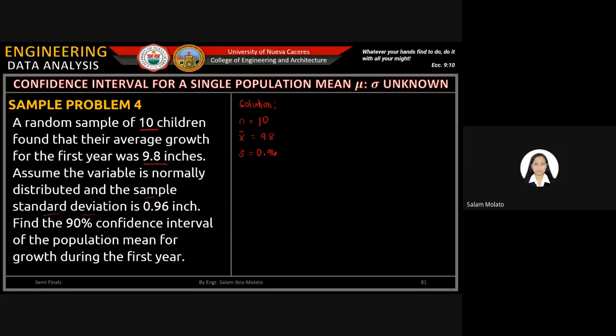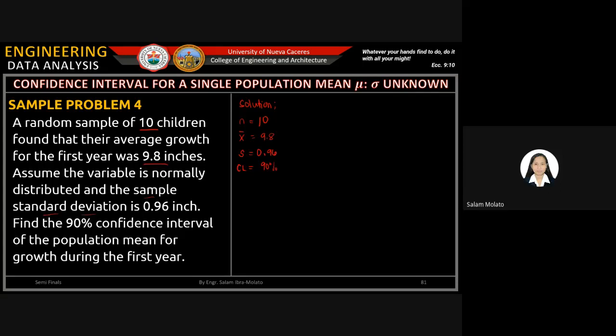Okay? Ito yan yung mga given. And we also have the confidence level, which is 90%.